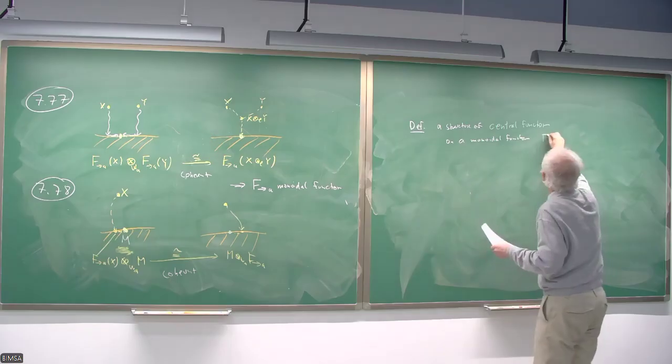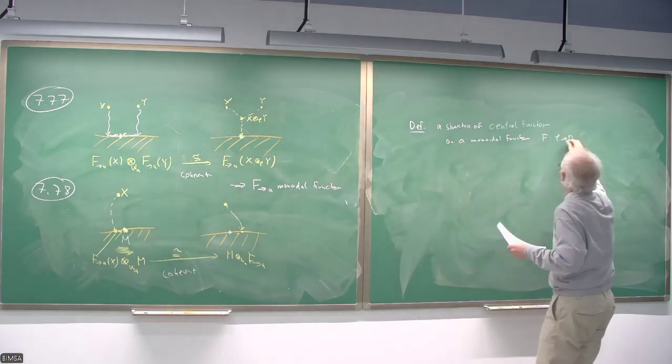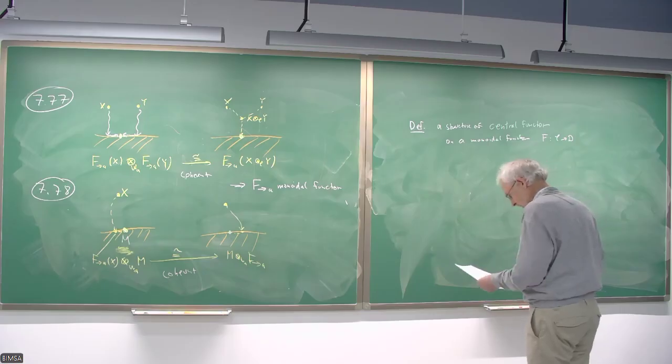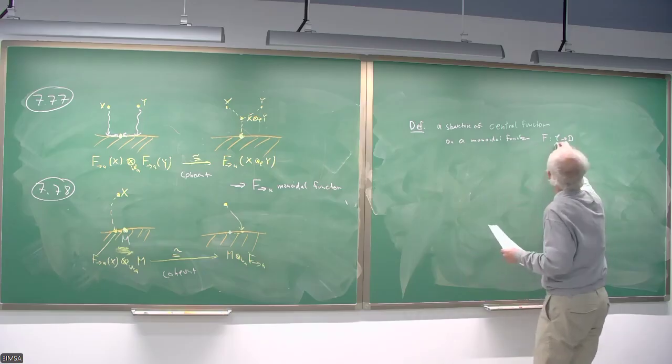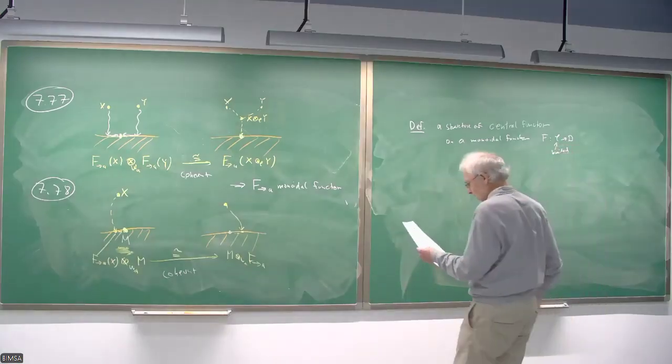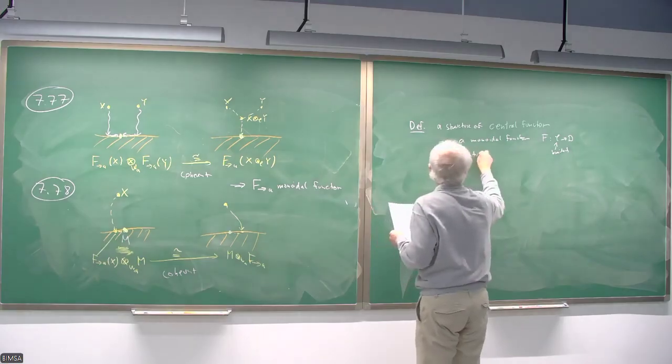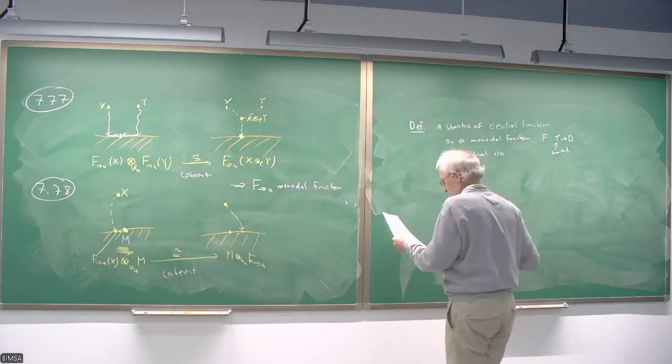Let's call it F from C to D, where these are of course monoidal categories, where C is graded, as in our situation here, is a natural family of isomorphism.